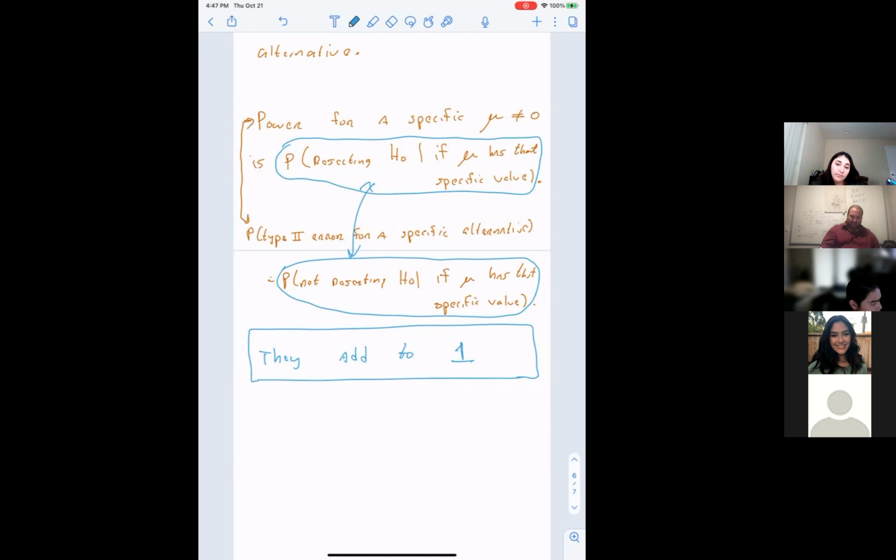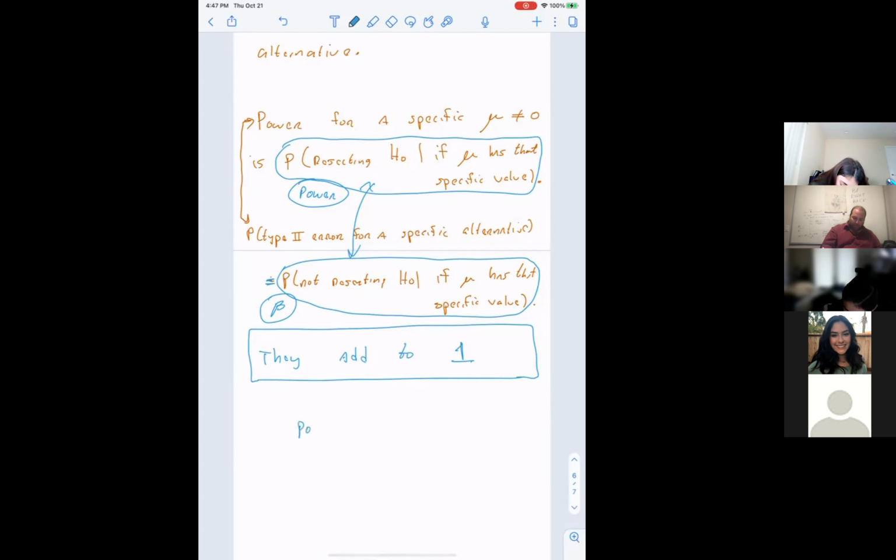So this guy here, the probability of rejecting the null hypothesis, has a name. The one on top is called the power, and the one on bottom is called beta. We have alpha, now we have beta.